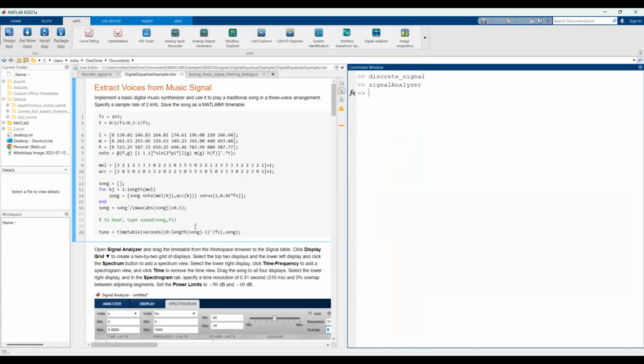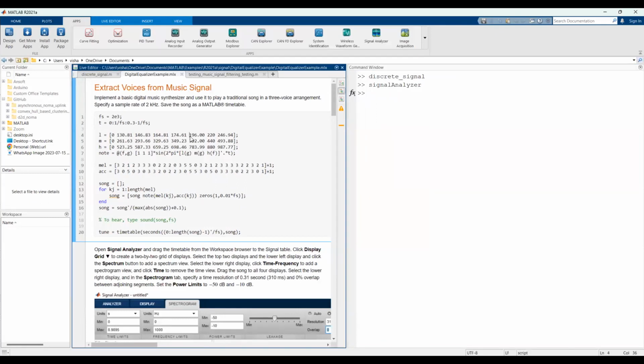This is an example that is available on the MathWorks website as well. So I'm going to follow these steps and do some demonstration and show you how we can use the Signal Analyzer app.